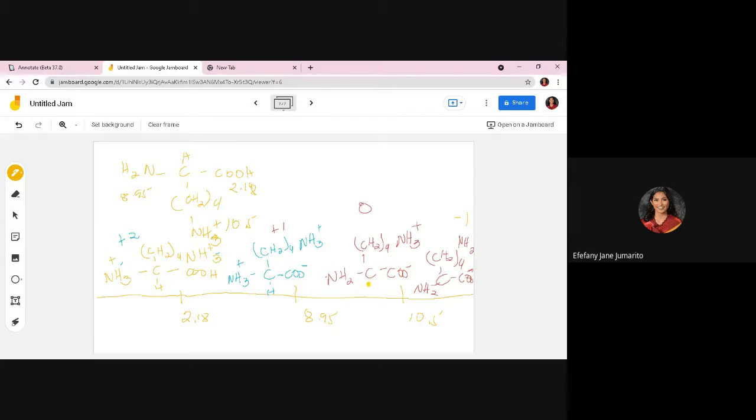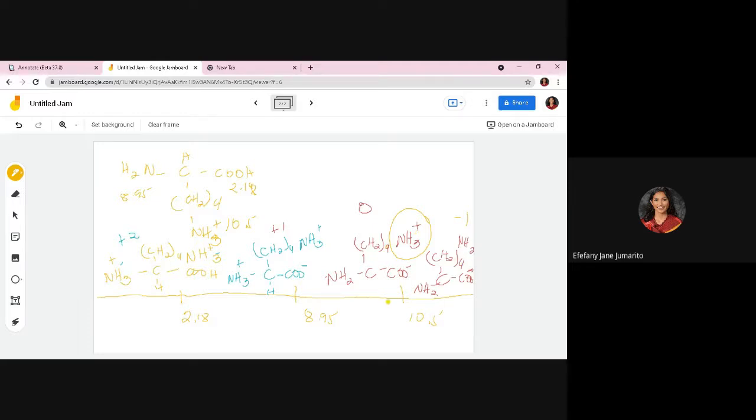Then after that, your NH3 will lose a proton, so it will become NH2. Then after that, it is the side chain that will lose a proton.